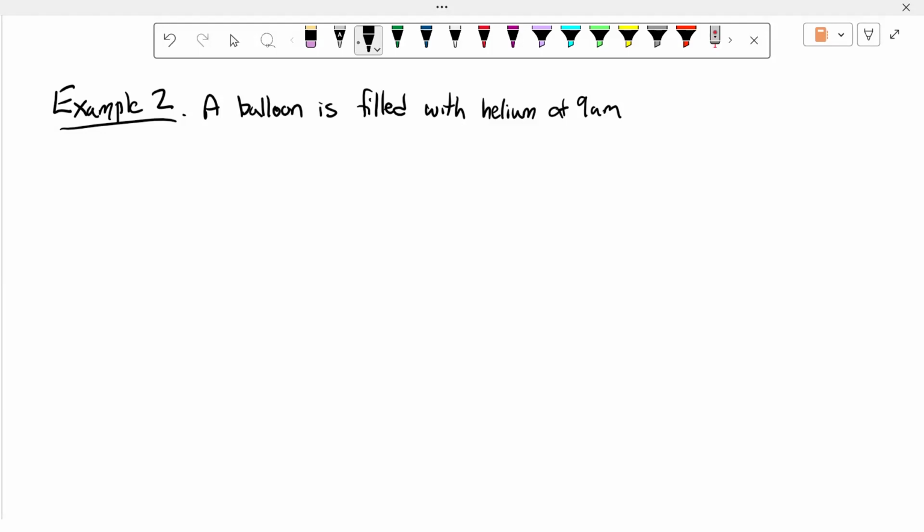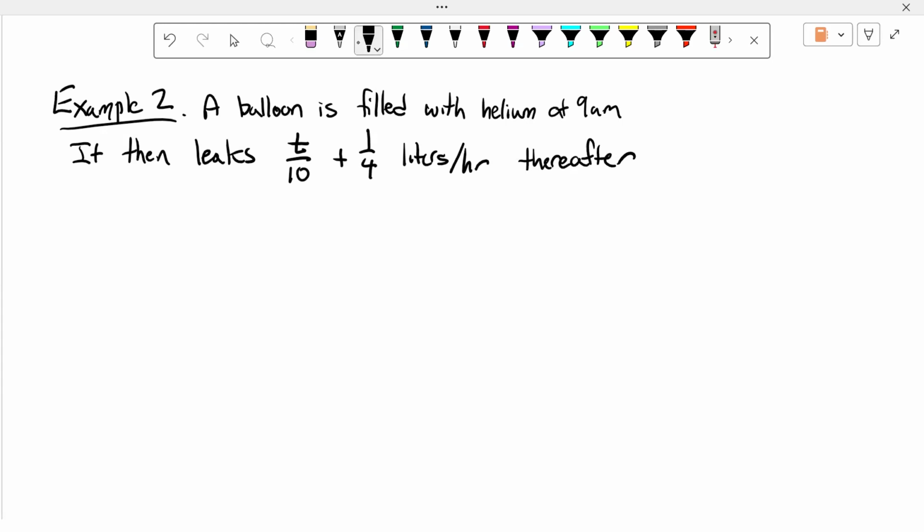A balloon is filled with helium at 9 a.m. And I don't know if you've noticed this, but helium balloons lose their helium. It then leaks helium at t over 10 plus 1/4 liters per hour thereafter.